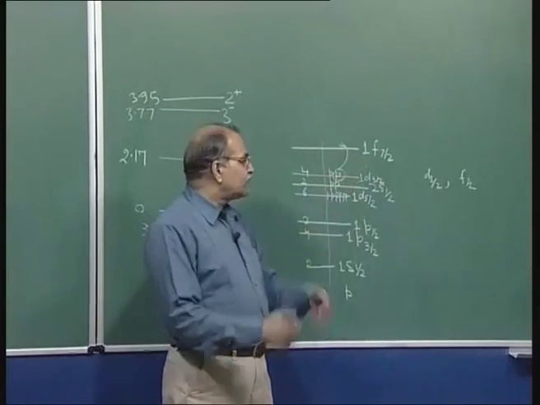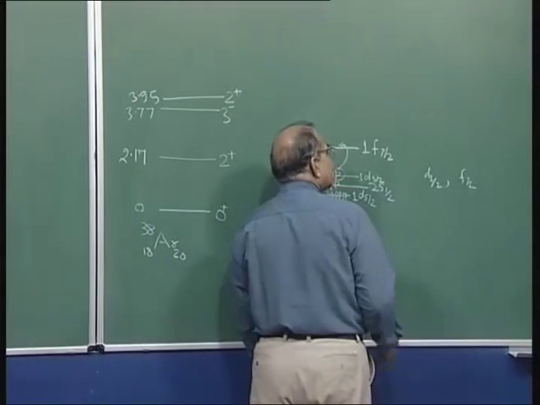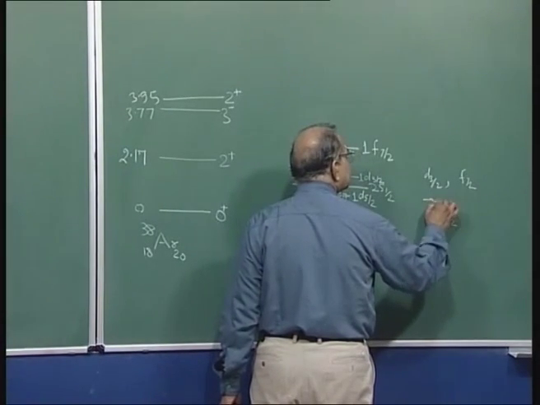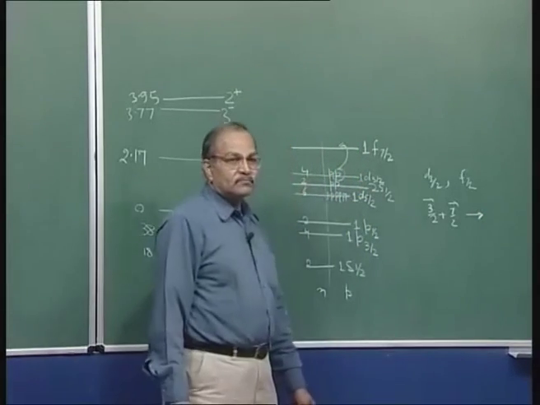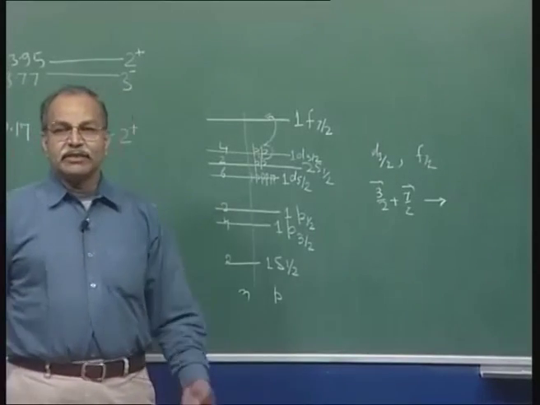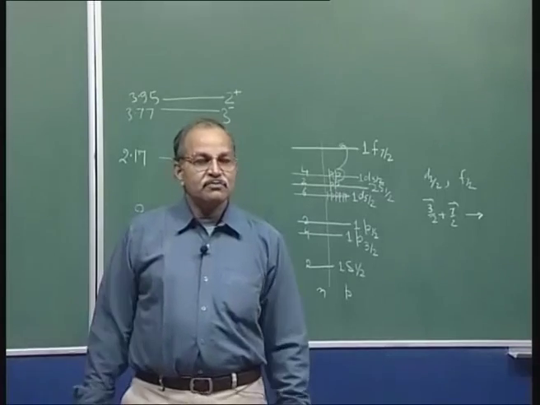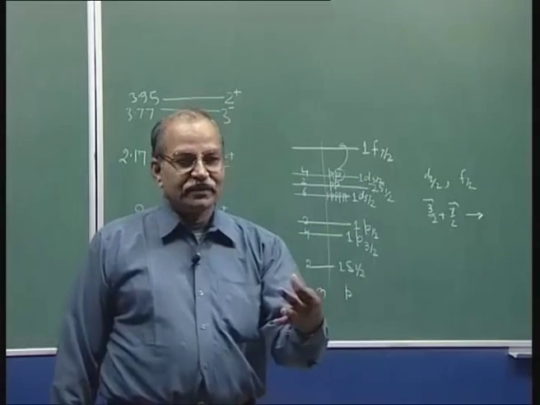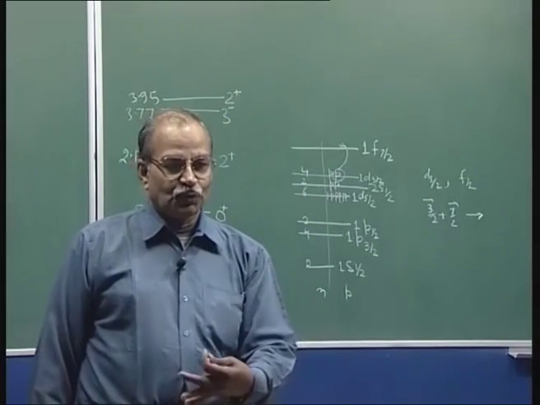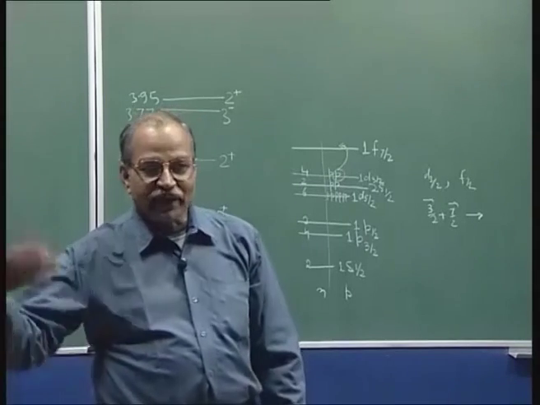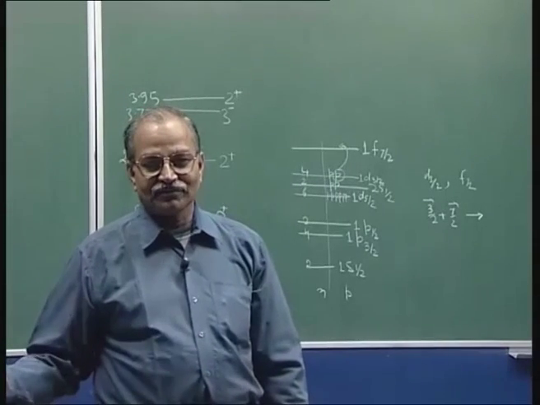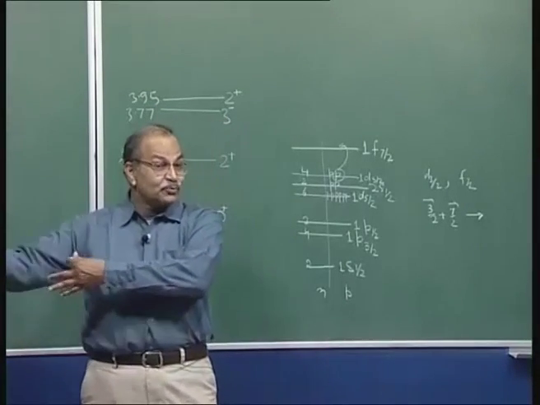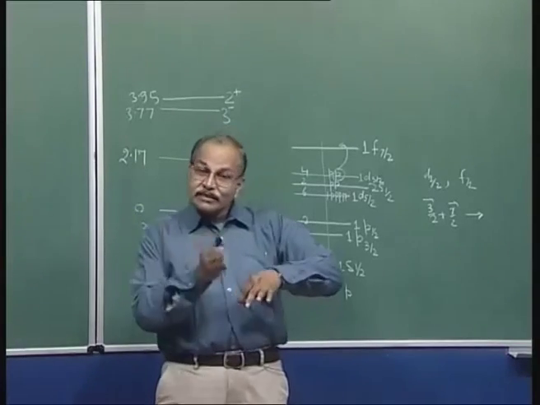So, angular momentum when they combine, what will happen? You will have 3 by 2 and 7 by 2 combining. What are the possible values when 3 by 2 and 7 by 2 angular momentum combine? 7 by 2 plus 3 by 2, to 7 by 2 minus 3 by 2 in steps of 1: J1 plus J2 to J1 minus J2, or J2 minus J1, whichever is bigger, in steps of 1.